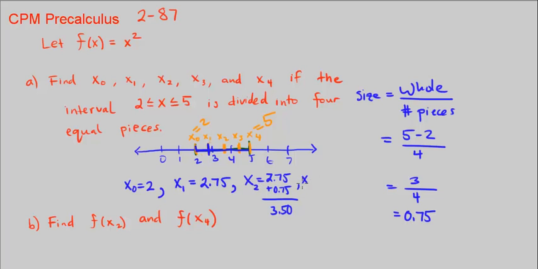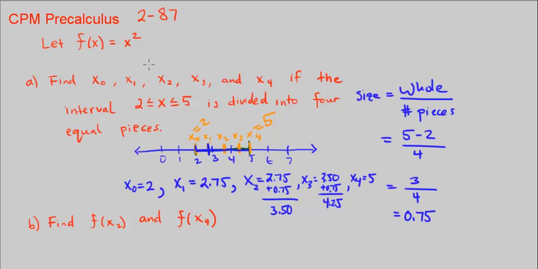x sub 3 is equal to 3.5 plus 0.75. I'm adding 0.75 each time to the one before it. So that's equal to 4.25. And x sub 4, adding it again, is equal to 5.